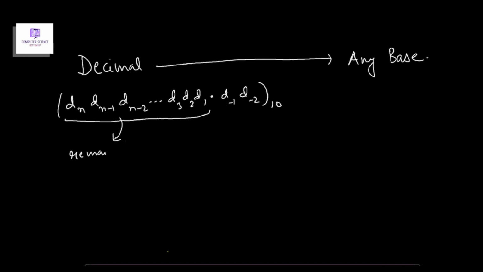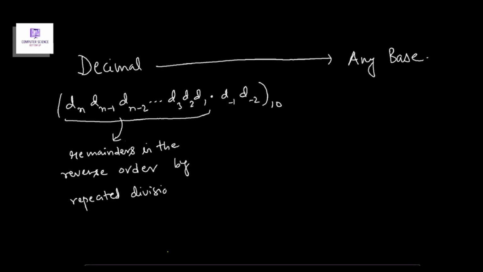Remainders in the reverse order, by repeated division of first the integer part itself, and then the successive quotients.